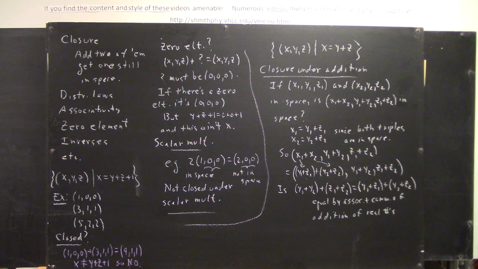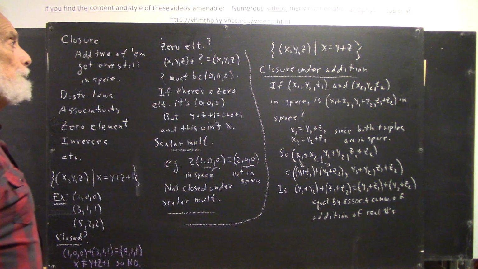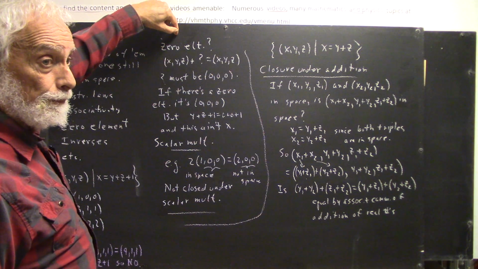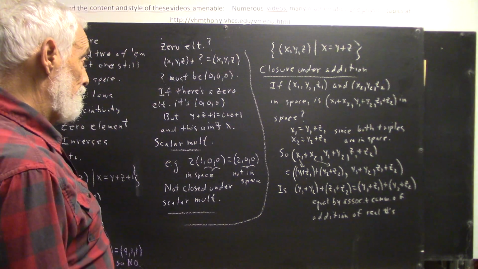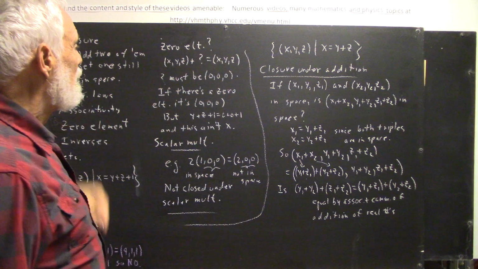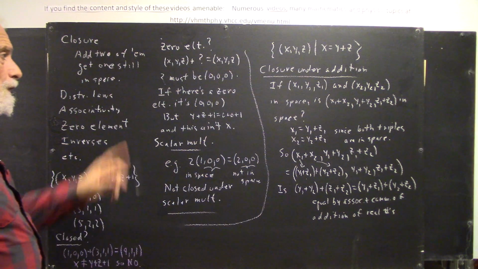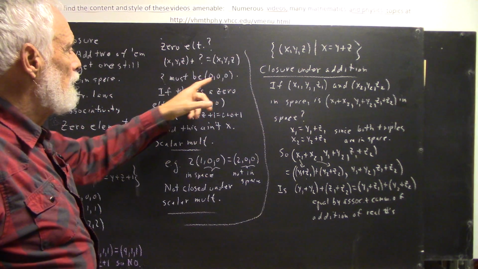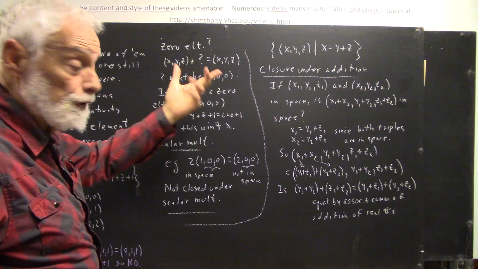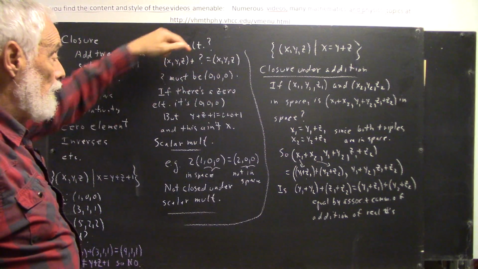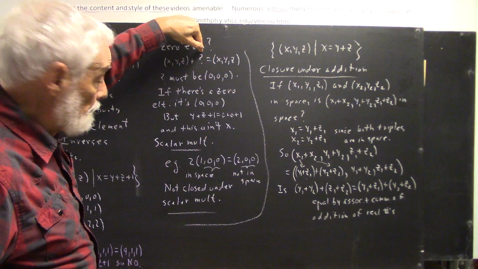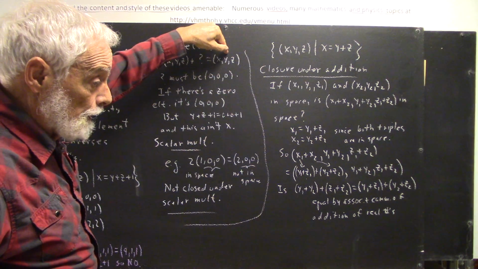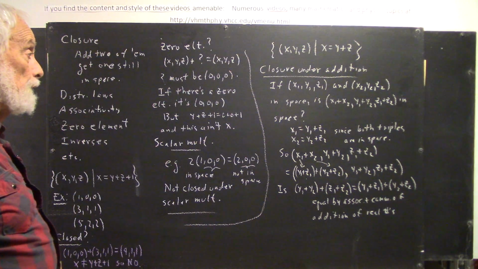Now there are other properties that are potentially violated. What about a zero element? Is there something we can add to x, y, z to get x, y, z? Well, the only thing we can add to x, y, z to get x, y, z is 0, 0, 0. The thing we add to x, y, z to get x, y, z is very clearly 0, 0, 0.